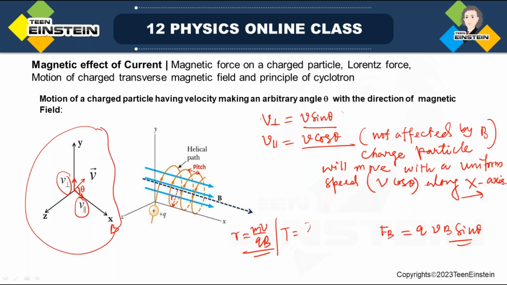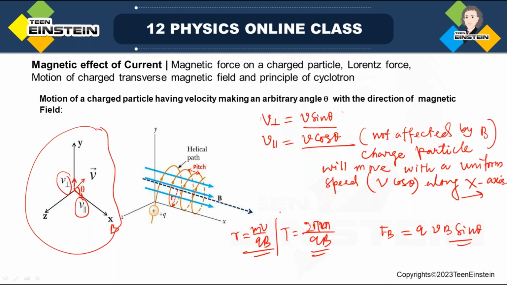Time period is 2 pi r by v, so 2 pi r is mv by qB, the v will go away, giving 2 pi m by qB. So this will be the time period.